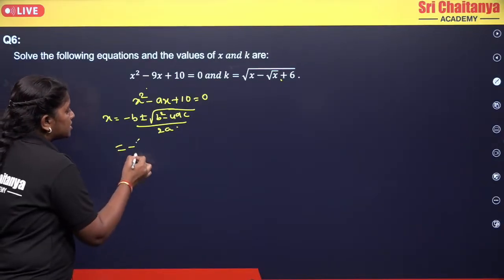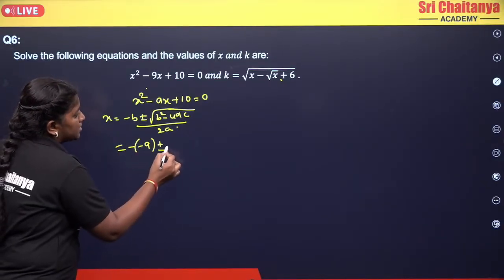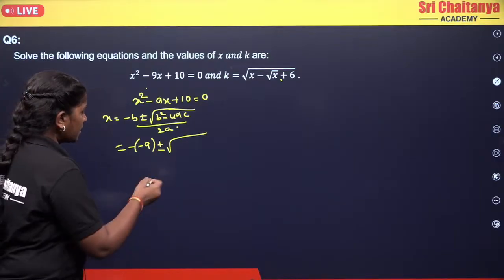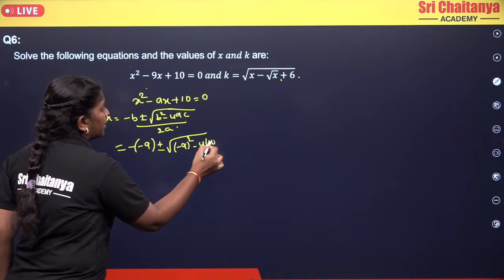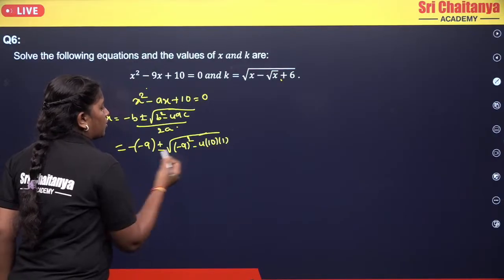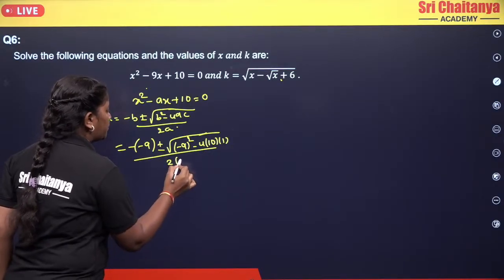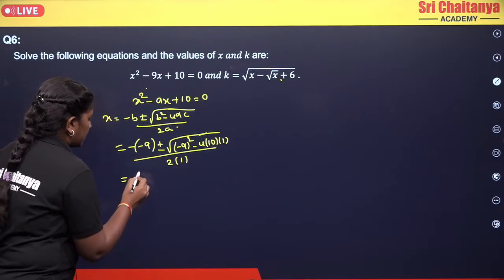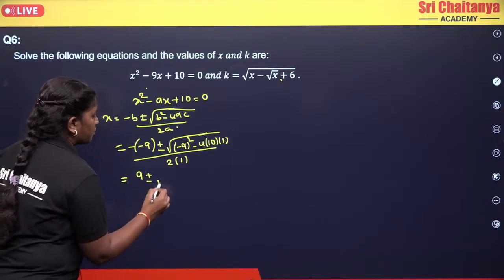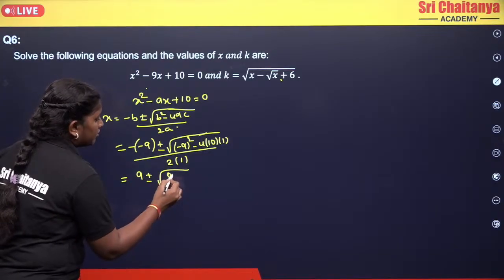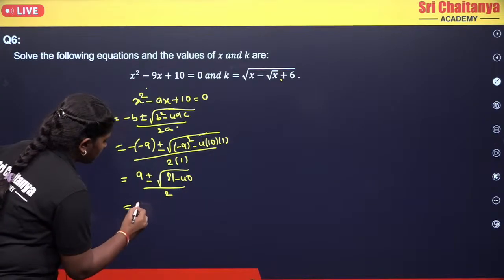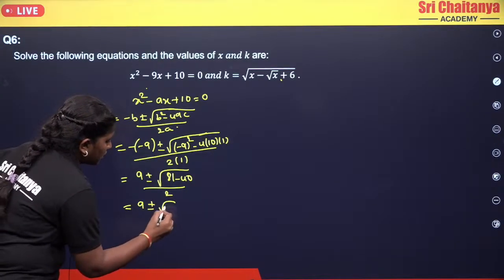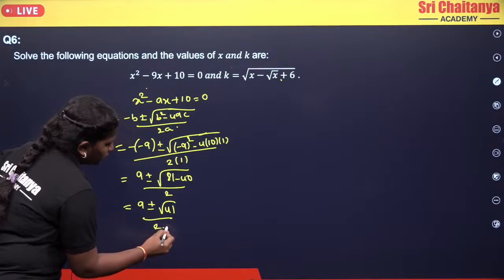So coming to here, minus of minus 9 plus or minus root of b square, that becomes your minus 9 whole square minus 4 into 10 into 1, okay, by 2 into 1. So which is 9 plus or minus root of 81 minus 40 by 2. So which is 9 plus or minus root 41 by 2.